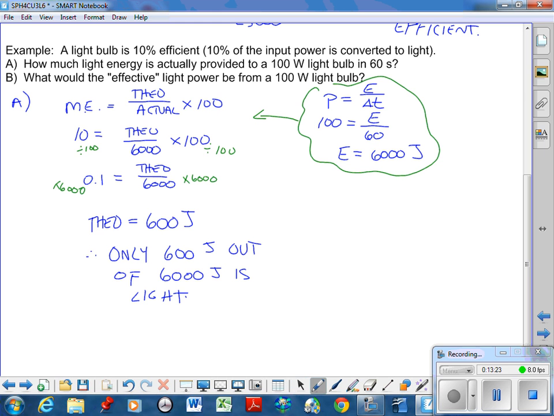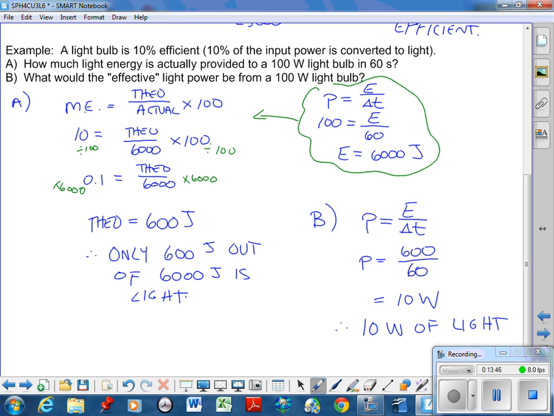In part B, power is your energy over delta T. We're only using 600 joules of energy in the 60 seconds, so that cancels down and gives us 10 watts. Therefore, 10 watts of light is the actual. So when you were putting in 100-watt light bulbs in the old days, you were only really getting 10 watts of light.